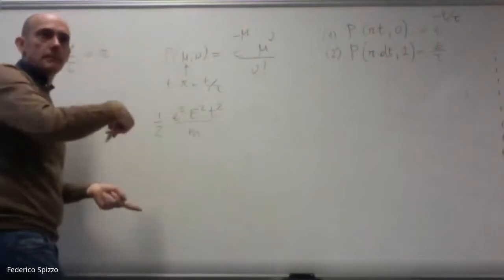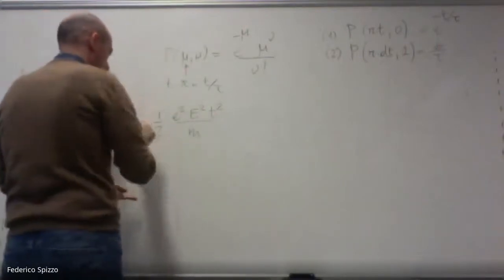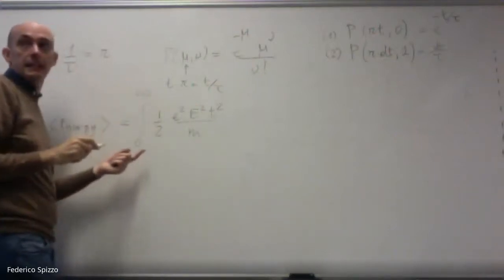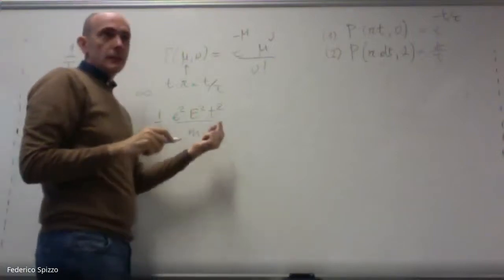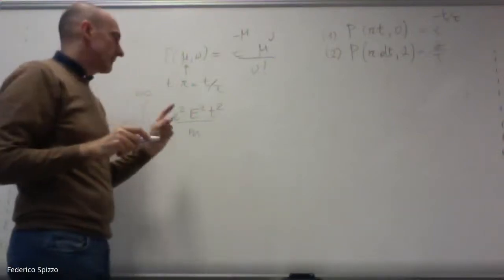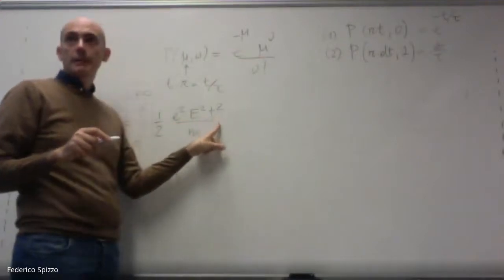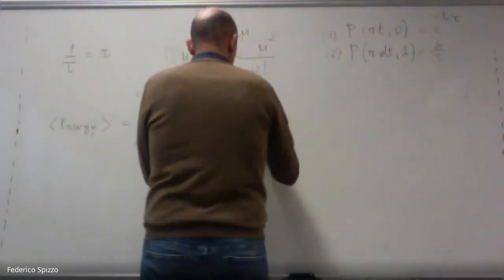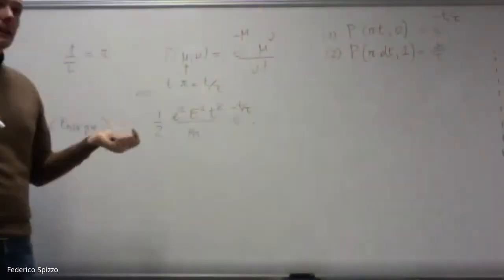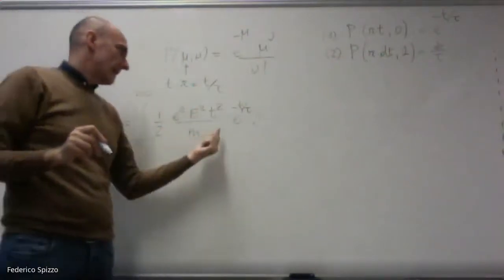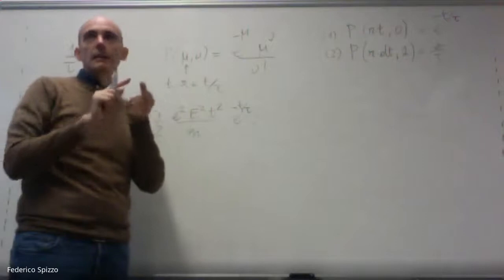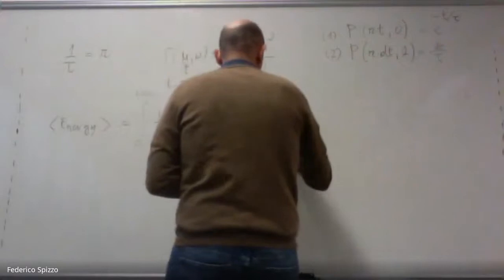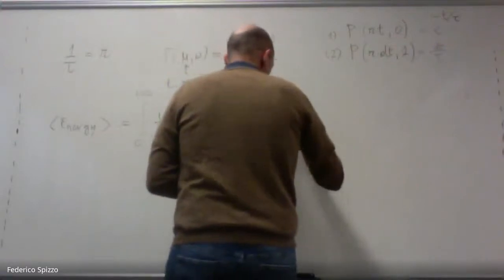Then we have to average over all the possible values of t from 0 to infinity by taking into consideration the probability that the electron survives up to time t, that is e to the minus t divided by relaxation time, times the probability that if the electron survives up to time t, then it suffers a collision after an amount of time equal to dt.